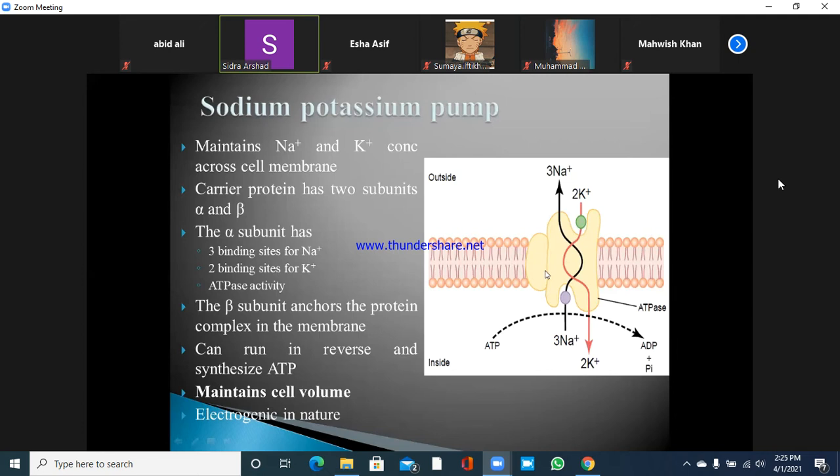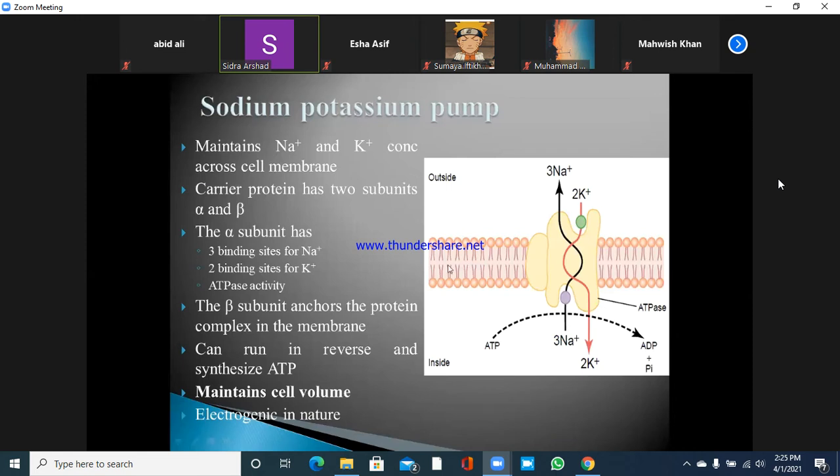So this is the function of the sodium potassium pump, and it has 2 subunits, as you can see. The smaller subunit is anchoring the whole structure into the membrane, and the larger subunit is responsible for transporting the ions inside or outside.